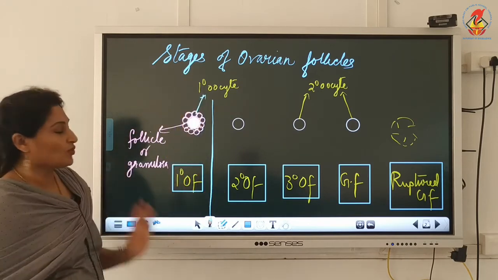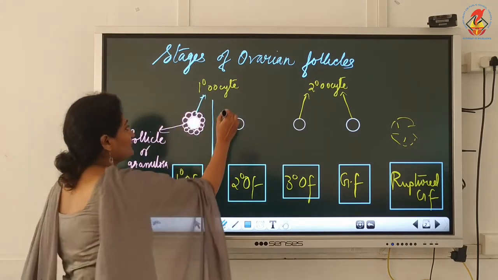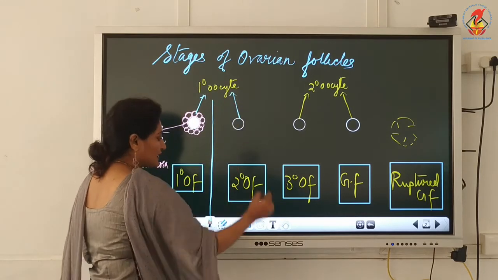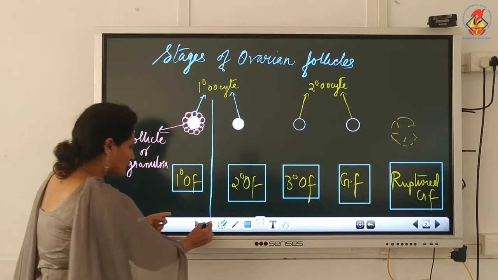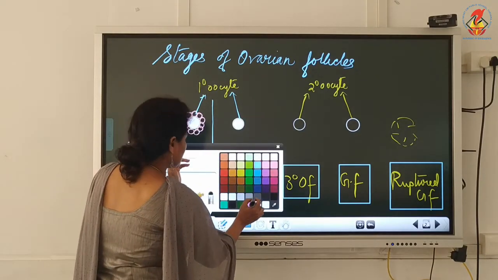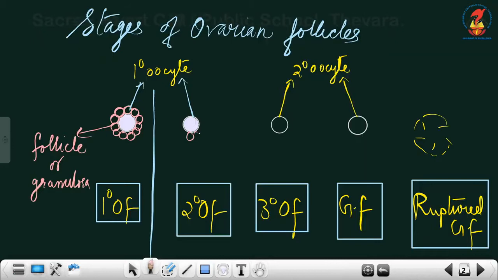Next, secondary ovarian follicle. What is the oocyte? The oocyte is again the primary oocyte. But now look, what is the difference? Here you can see the granulosa cells: one layer, two layers, and one more layer, three layers.